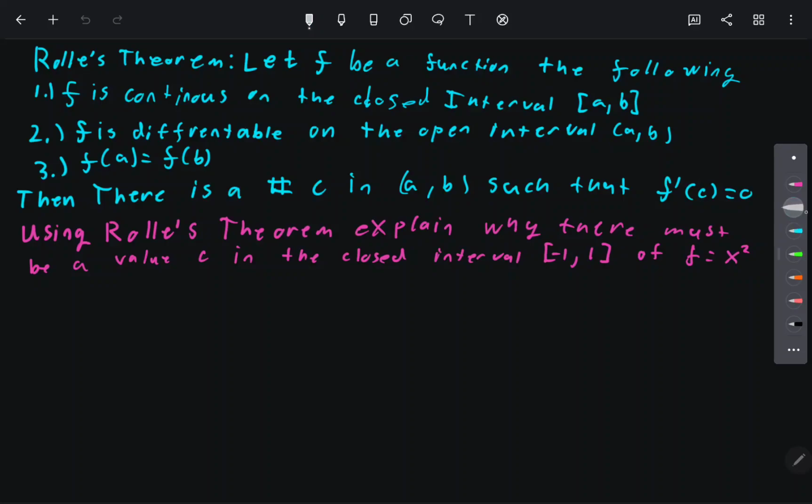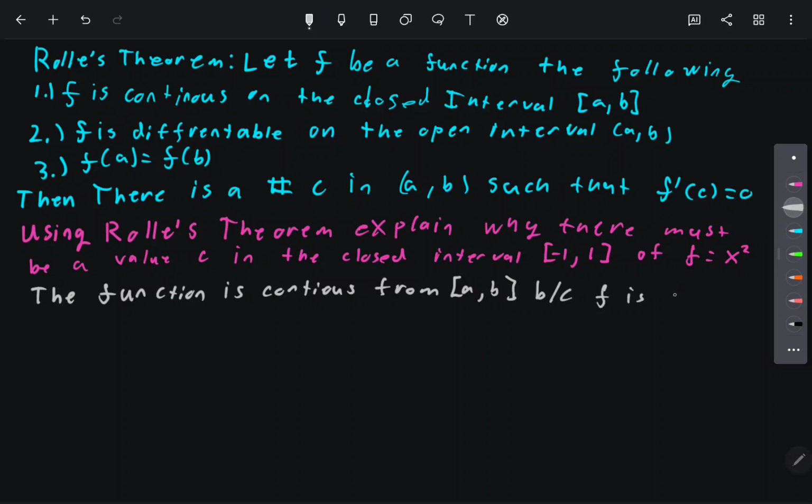So to start off, we know this is a polynomial. So by Rolle's theorem, the function is continuous from a to b, and for justification of that, we're going to say because f is a polynomial.